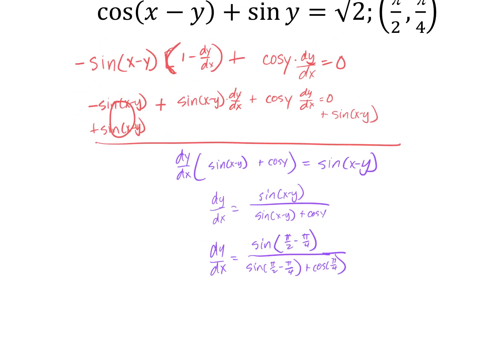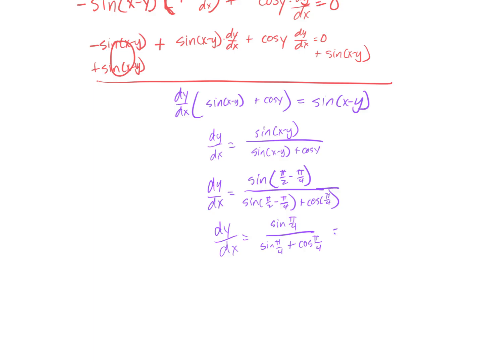So all of a sudden this becomes the sine of pi over 4, and then the sine of pi over 4 minus cosine of pi over 4, or plus cosine of pi over 4. What is the sine of pi over 4? Root 2 over 2, over root 2 over 2 plus root 2 over 2. And that's 1/2.